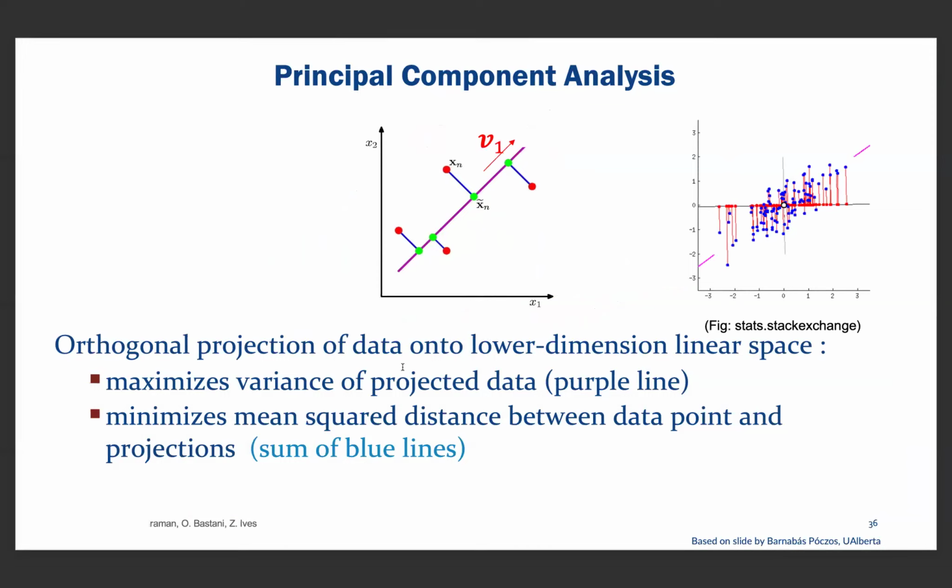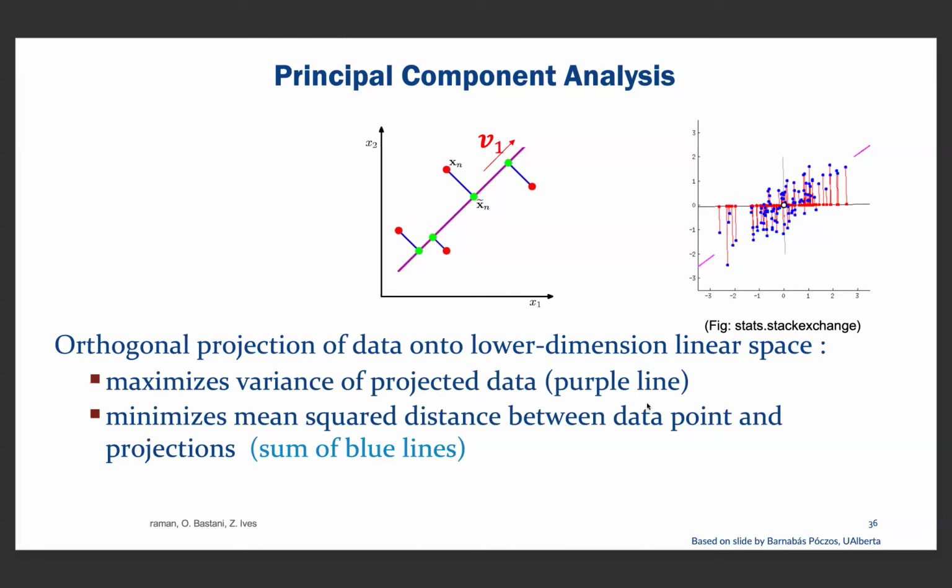So we want to build orthogonal projections of the data onto the low dimensional space. If you struggle with the term low dimensional space, think for a second that you have a bunch of points in a 3-dimensional space, and you want to project them on a plane, or on a line, without losing too much information about the original data.